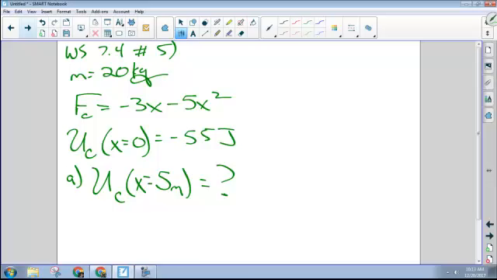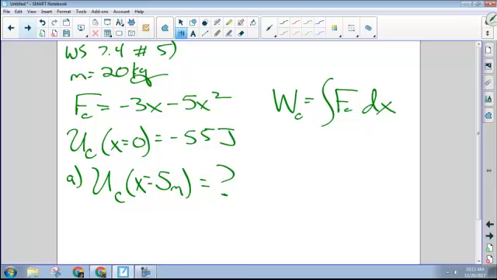All right? So here's what you should be thinking about. There are 2 ideas. All right? So idea number 1. I know that the work done by my conservative force is equal to the integral of my conservative force with respect to x. Follow?